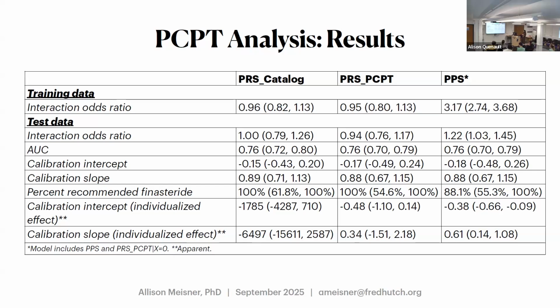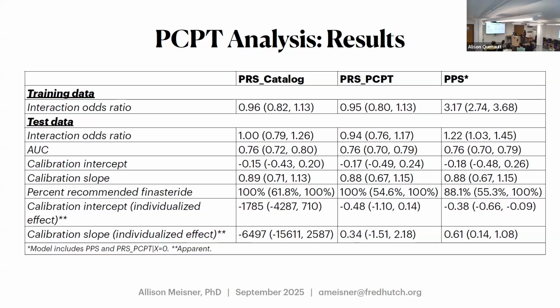And calibration slope, you would hope would be 1. So again, these need work, they need to be corrected for optimism, but I think it is informative that the PRS catalog, provided that these are correct, is doing a horrendous job. The PRS developed in PCPT does better, but still not great. And then the PPS, again, better, but still not perfect.